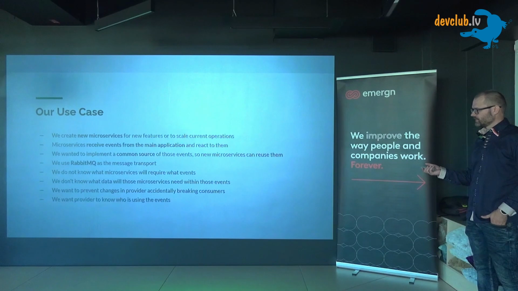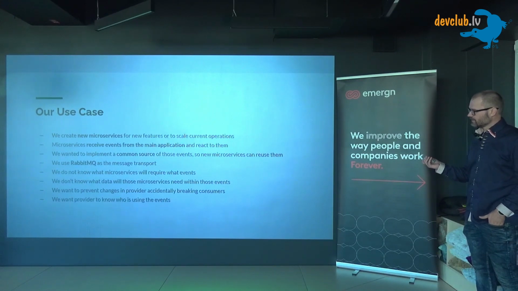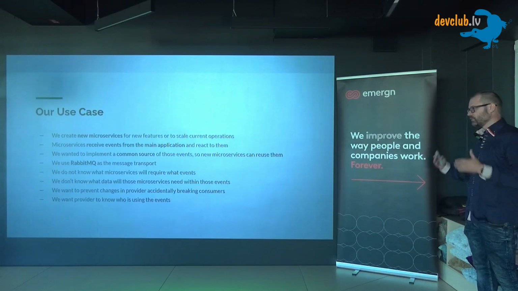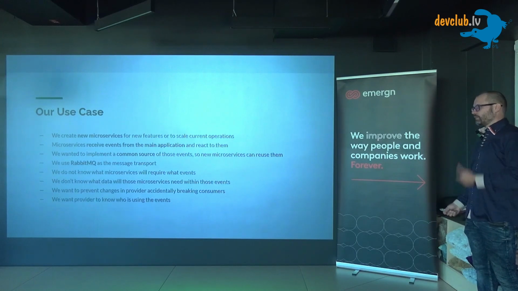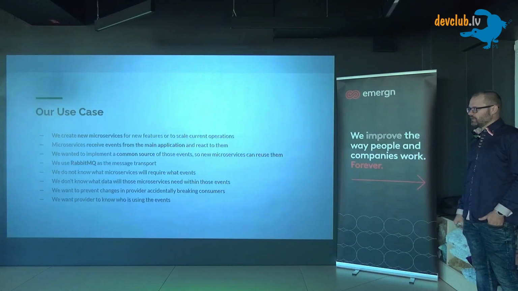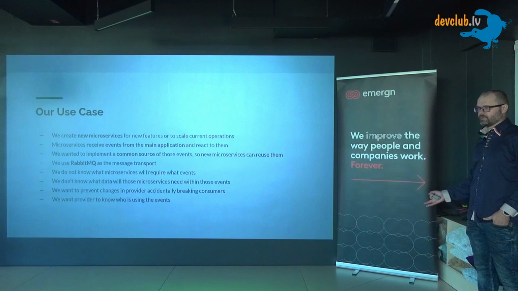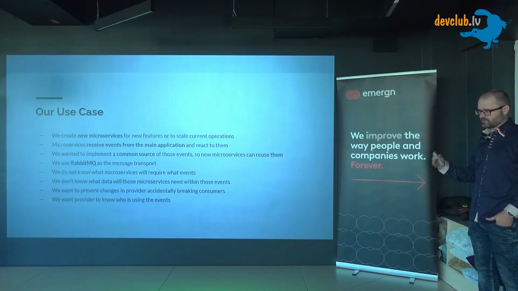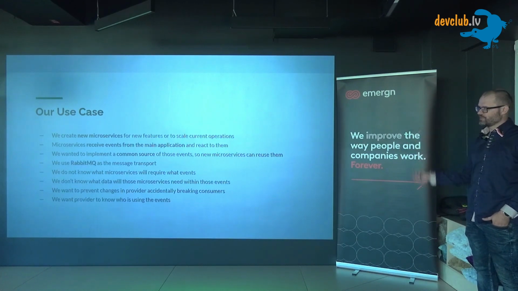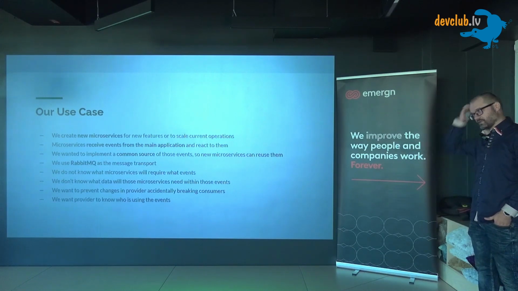And we want our main application to know which consumers are actually using those events. We have had cases where we changed something in the main application, and it turned out there was some application in a chain of applications which actually used the data we thought nobody used. So that's one thing we also wanted to prevent: breaking something when we don't know who actually uses the data.